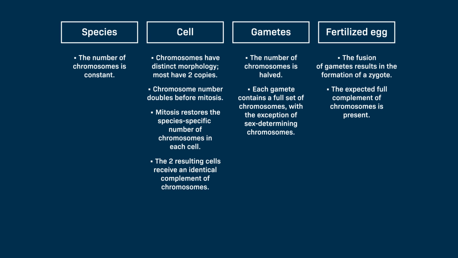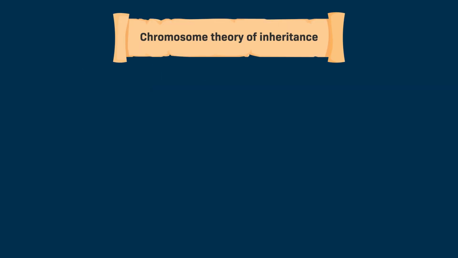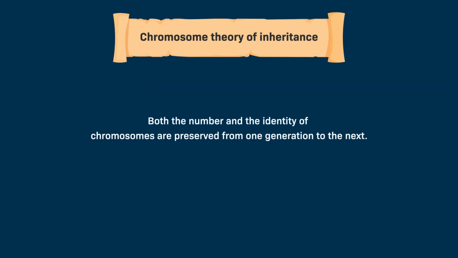Since half of the chromosomes that are normally found in a somatic cell will come from each of the gametes, the expected full complement of chromosomes is present in the fertilized egg. So the conclusion here is that both the number and the identity of chromosomes are preserved from one generation to the next. Chromosome assortment and segregation thus follow the laws of Mendel.